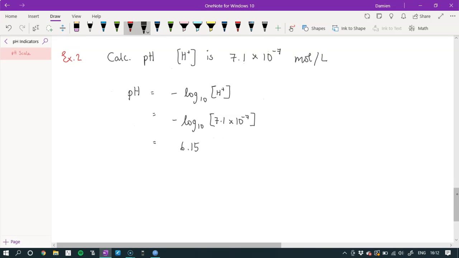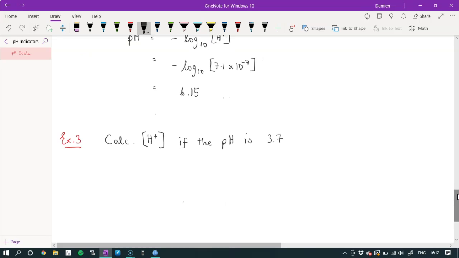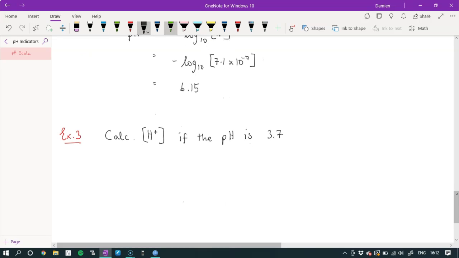Let's take something maybe a little bit harder. So example 3. In this one, we'll be asked to calculate the hydrogen ion concentration if the pH is 3.7. So your clue in this one is this particular part here.